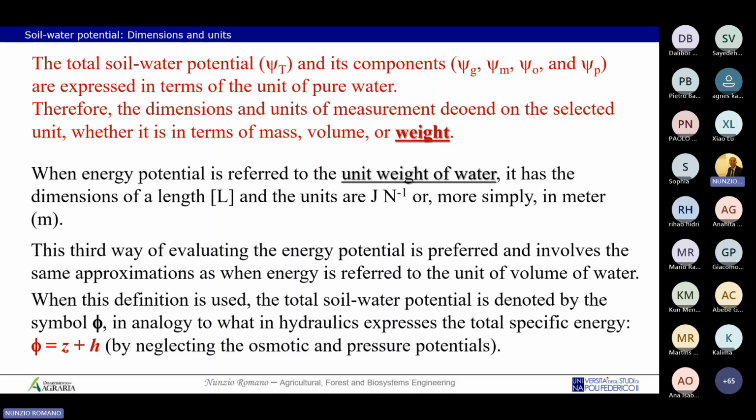And I am sure that on Monday, Paolo will introduce this total potential in the modeling of soil water flow in the soil vegetation system using this equation for the total water potential. Total water potential is the sum of the gravitational potential Z and the matric potential h, but in terms of unit weight of water.